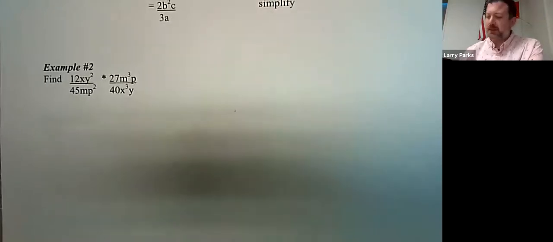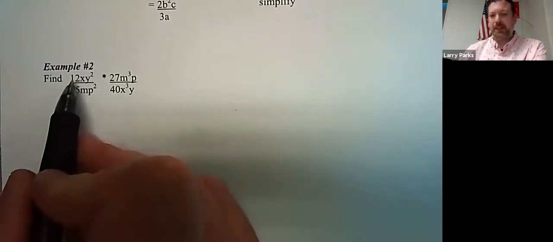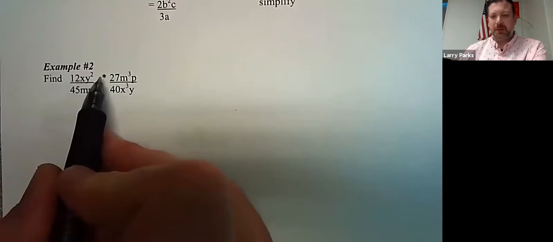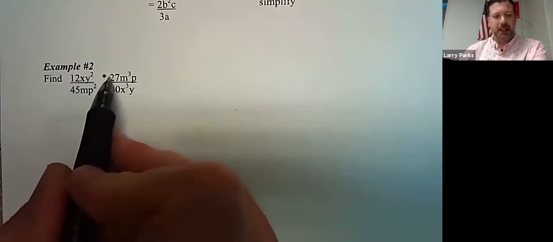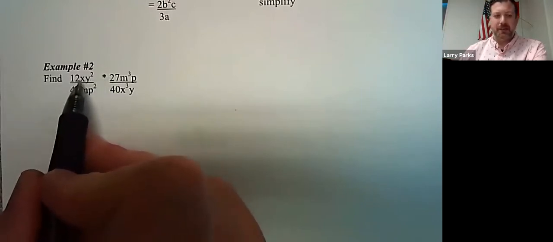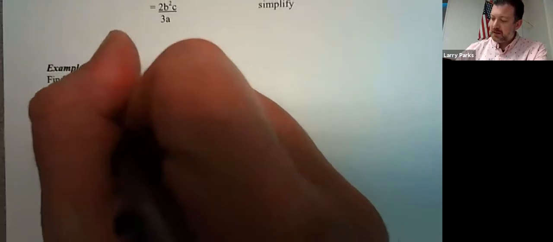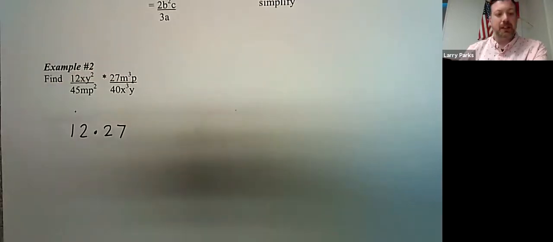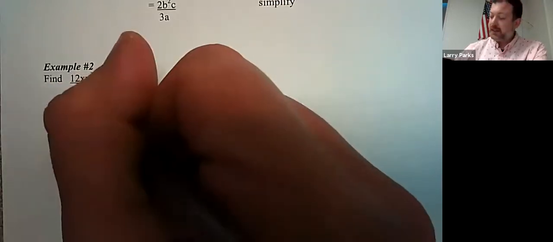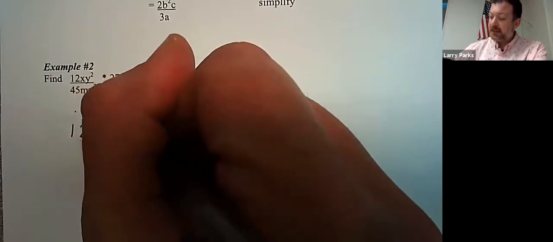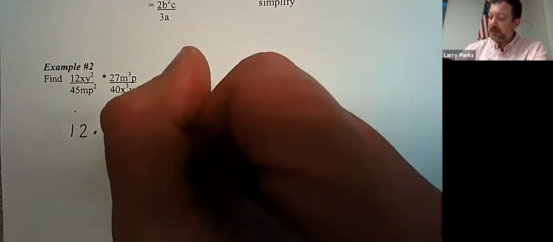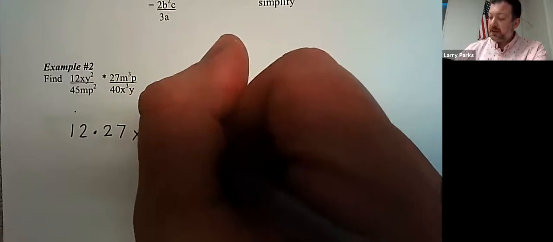So for example, I would write this as 12, and then it's multiplication. So I'd put 12 times 27, and then I'd put the variables. So 12 times 27, we'll do x, y squared, m cubed, p.